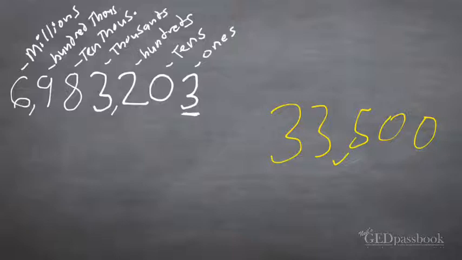So the 10,000s place is 1, 2, 3, 4, 5. 3. Tell me, what's the ones place? 0. What's the tens place? 0. What's the thousands place? And what's the hundreds place?